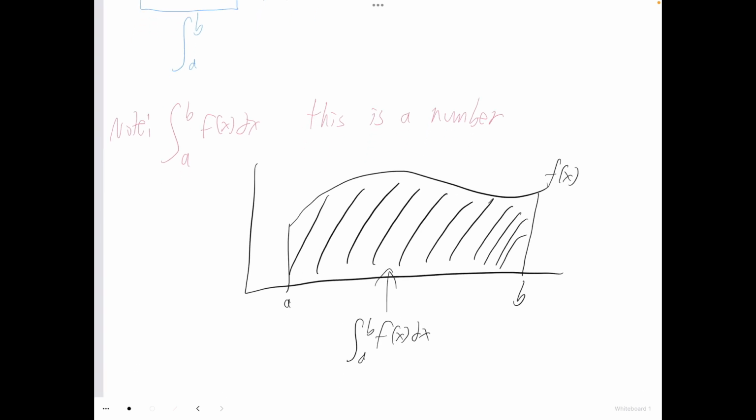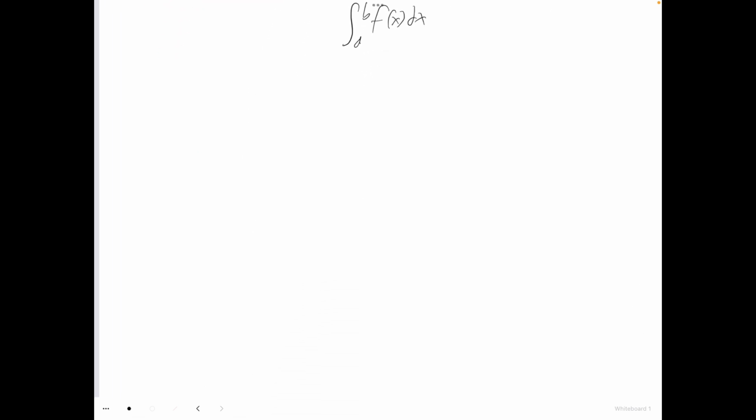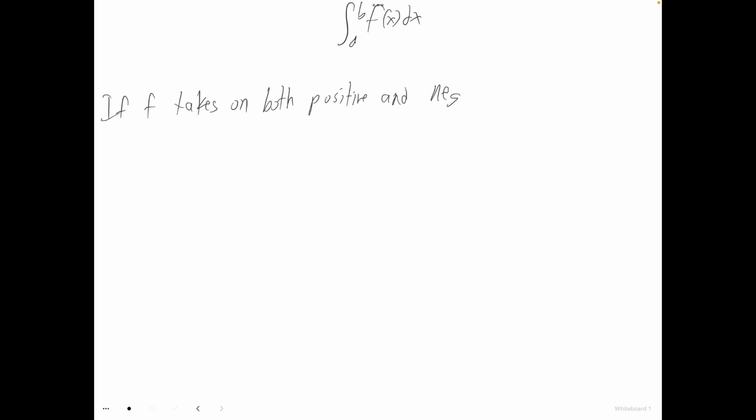But things get a little more complicated if you take a function that's not always positive. If f takes on both positive and negative values, then the integral from a to b of f of x dx is the net area from a to b.